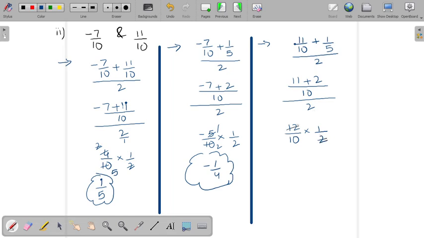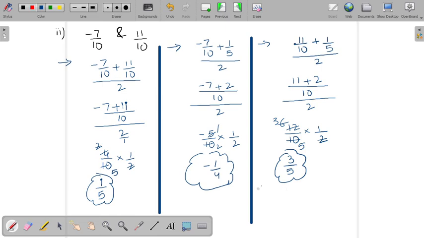Now cancel it. So 3 by 5. 3 by 5 would be the third rational number. Like this, you can find out infinite rational numbers.